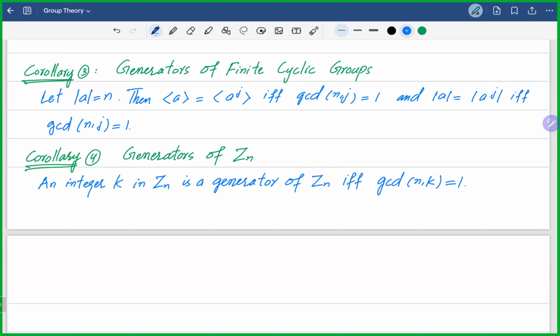Clearly one generator is R60, and since the order of R60 is 6, we see by corollary 3 that the only other generator is R60 to the power 5, which is R300.